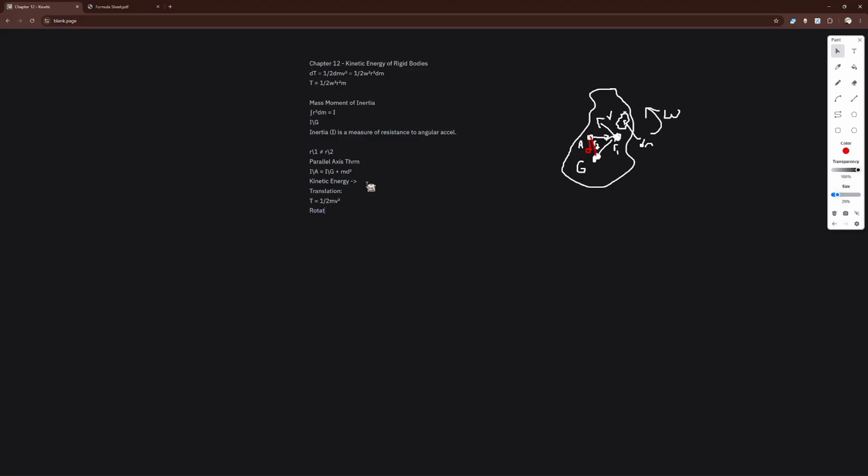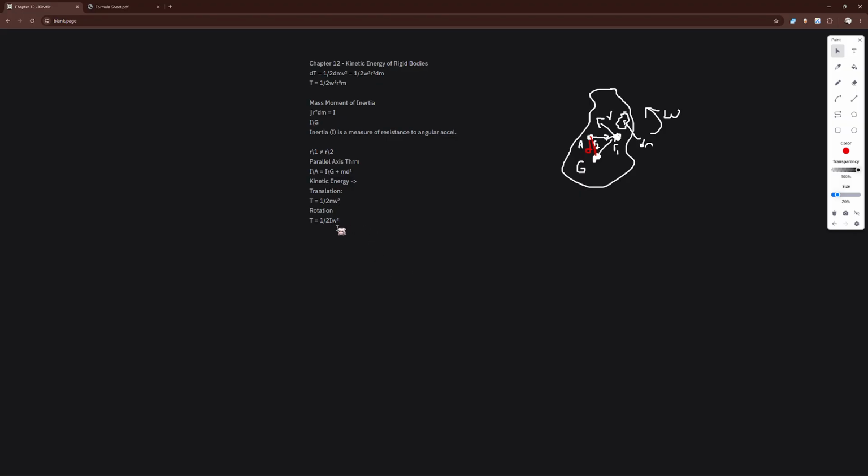So for rotation, we're going to have this integral here, dT is equal to half omega squared r squared dm. But now we know that the integral of r squared dm is equal to I. So we're going to get that T is equal to half I omega squared.